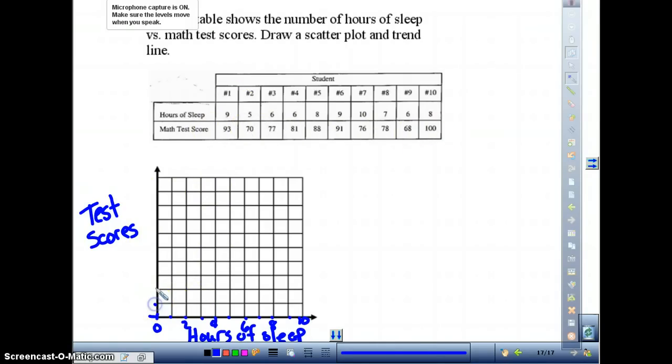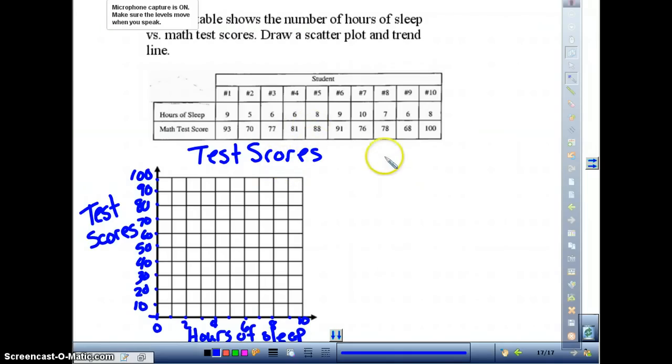Each one of your lines here has to increase by the same amount each time, so I'm going to go by tens. 10, 20, 30, 40, 50, 60, 70, 80, 90, 100. And I'm going to call this test scores. Give it a title.